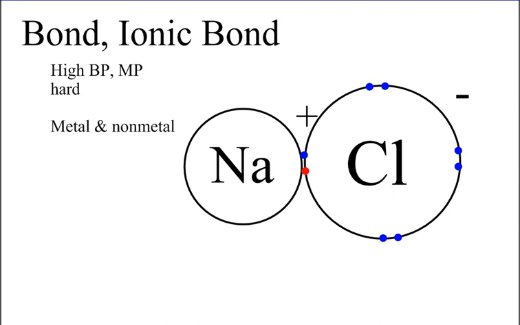Its boiling point is really high. And it's because the electrostatic attraction between these two ions allows them to be extremely closely packed to one another. And this causes them to be very thermodynamically stable.